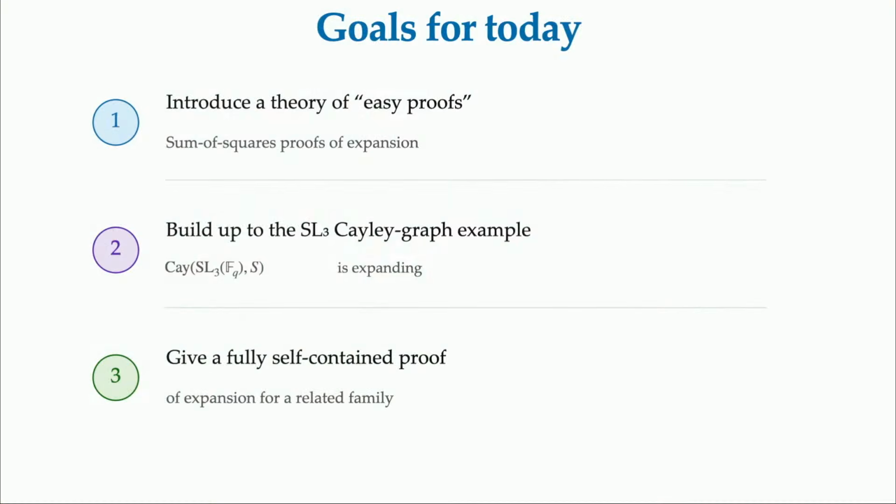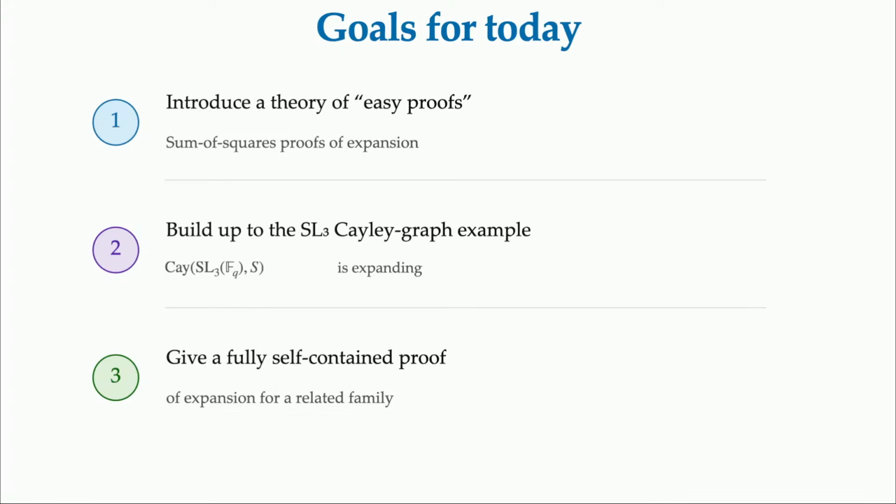Okay, so the plan for today is to talk about the so-called theory of easy proofs, which is going to be this framework of using sums of squares to prove expansion. I'm going to explain everything about it, so if those words don't make sense to you, it's fine. Then I want to give a brief overview of how one actually analyzes the spectral gap for this set of 3 by 3 matrices.